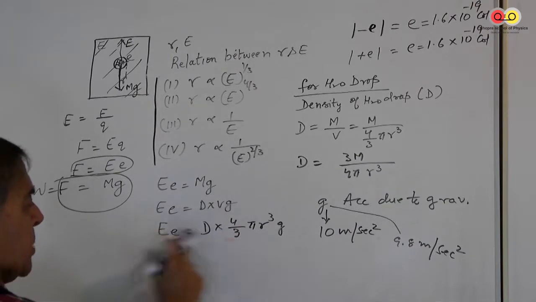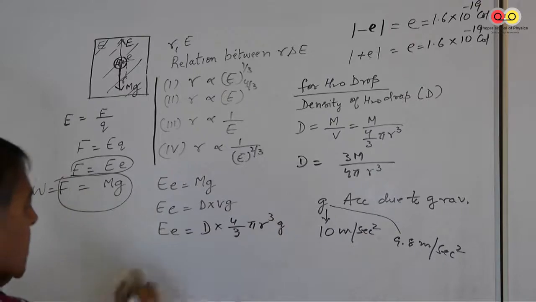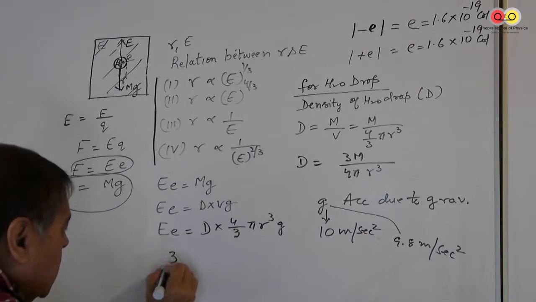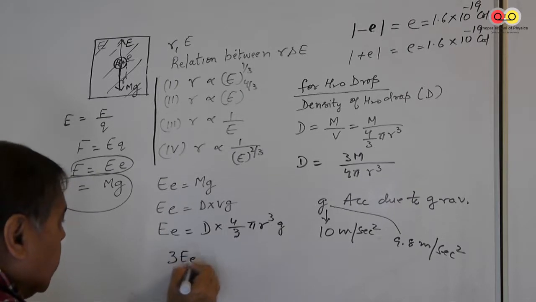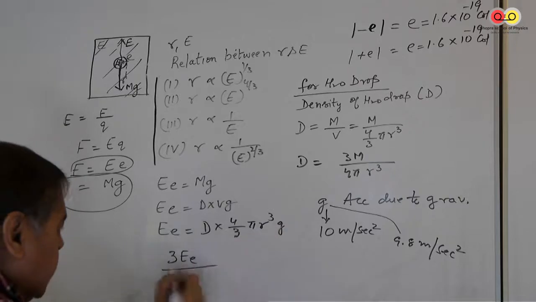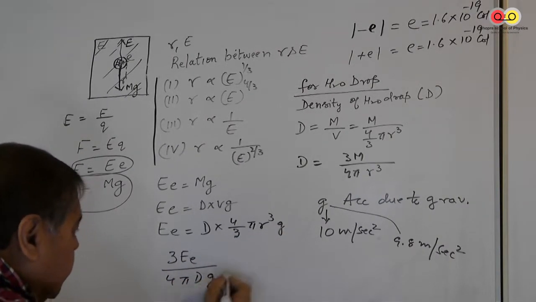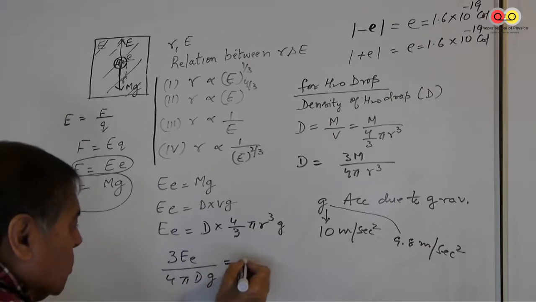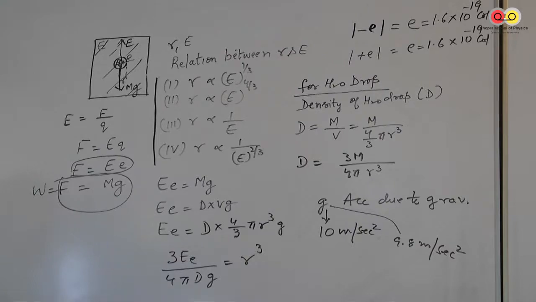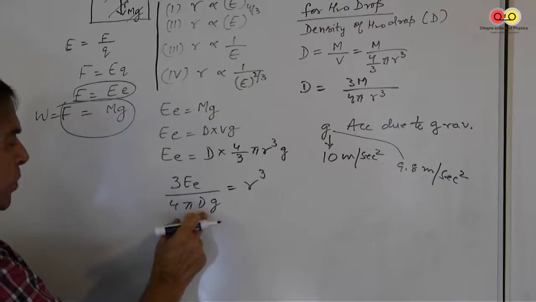Now form the equation in terms of R, because our interest is to find R and E. So we'll make cross multiplication. R cube is 3EE over 4 pi dg.